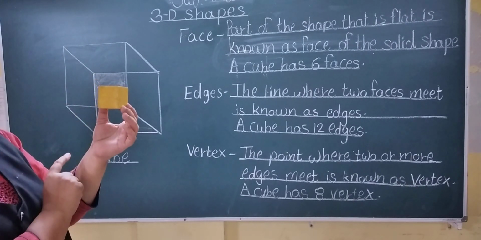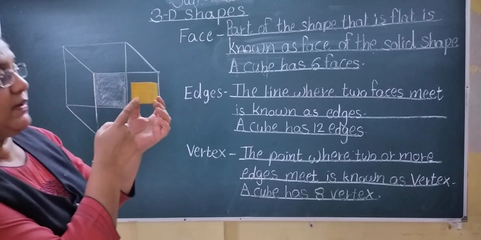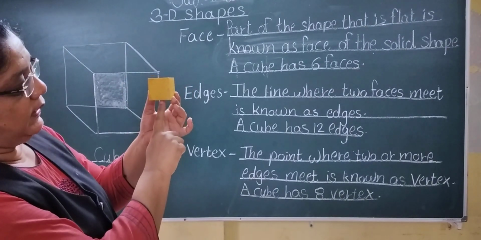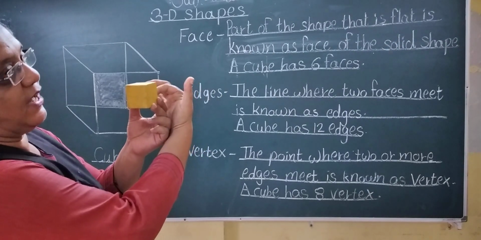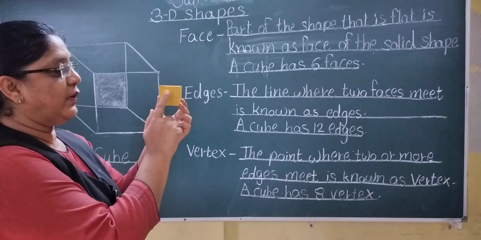For example, the cube has 6 faces. See here 6 faces: 1, 2, 3, 4, 5, and 6. How many faces does the cube have? 6 faces. Okay, understood?